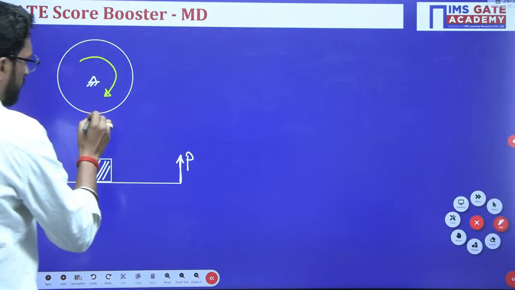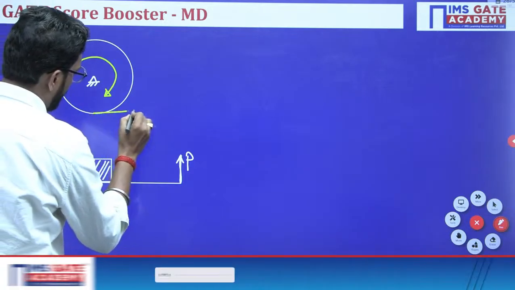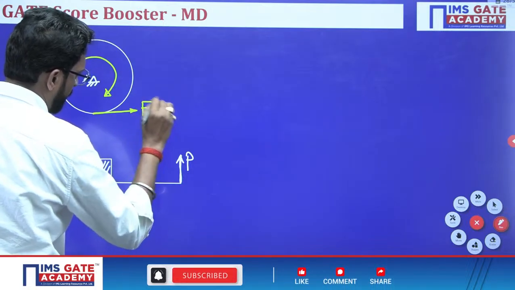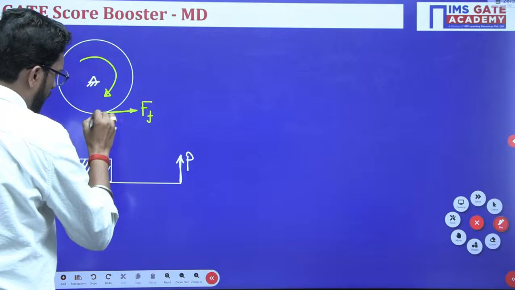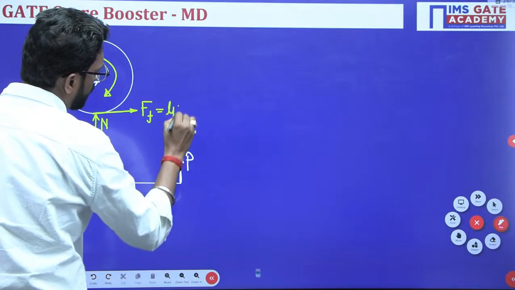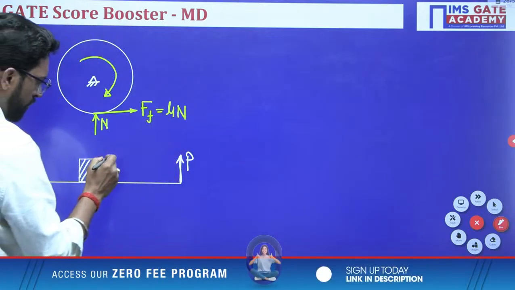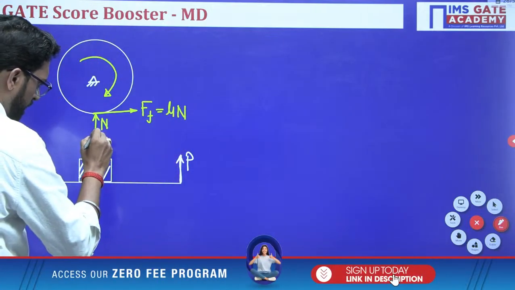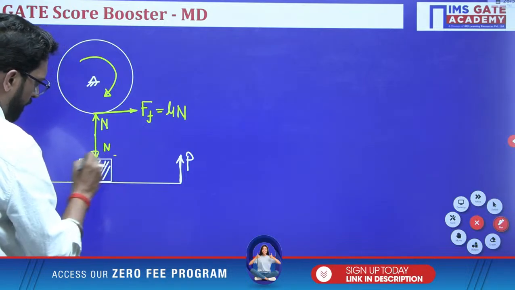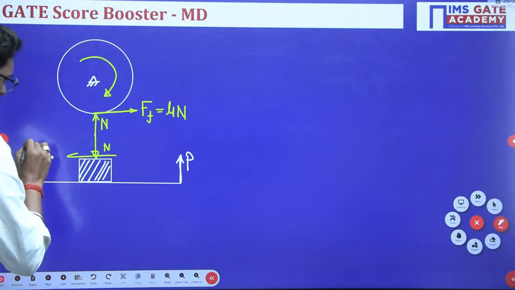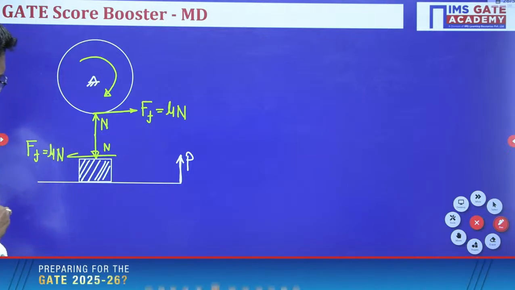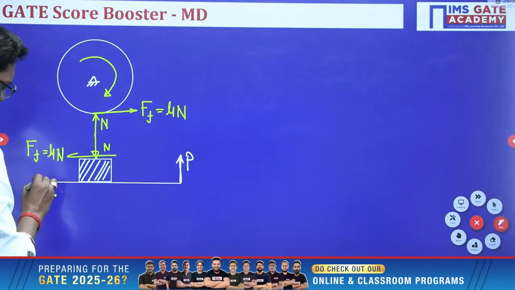Okay. So on this one, there is a friction force F and a normal reaction N. This F is mu into N. So on the shoe, this is your N, and in this direction the friction force mu into N. Here it is your hinge.